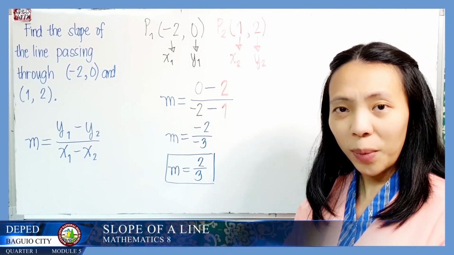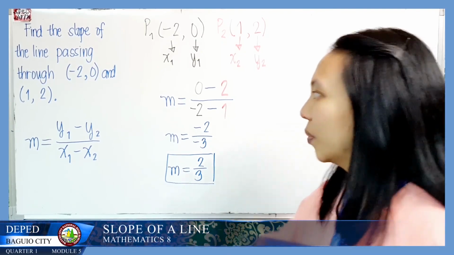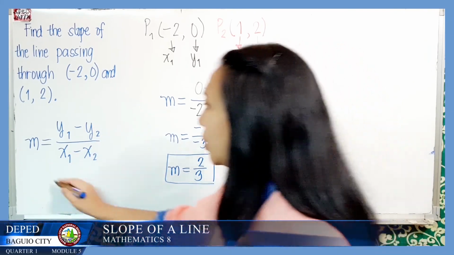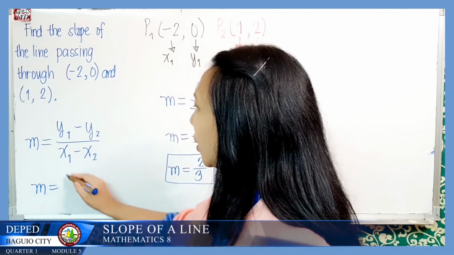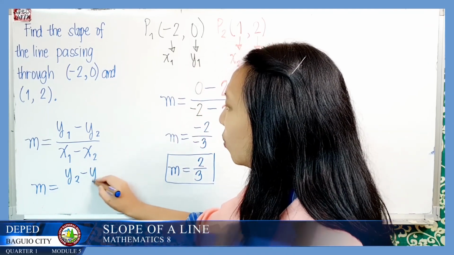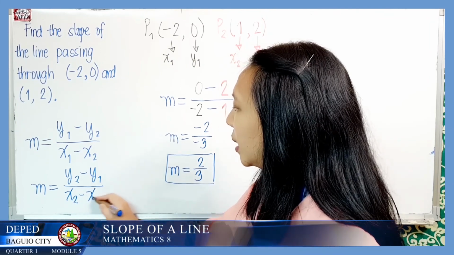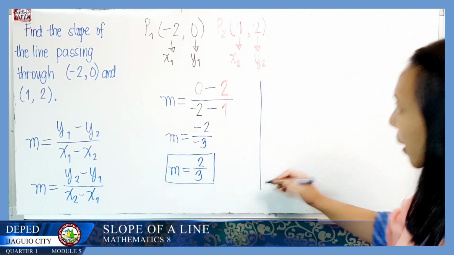But what if we make use of the other slope formula? Instead of y sub 1 minus y sub 2 all over x sub 1 minus x sub 2, let us have y sub 2 minus y sub 1 all over x sub 2 minus x sub 1. Let's do it here.